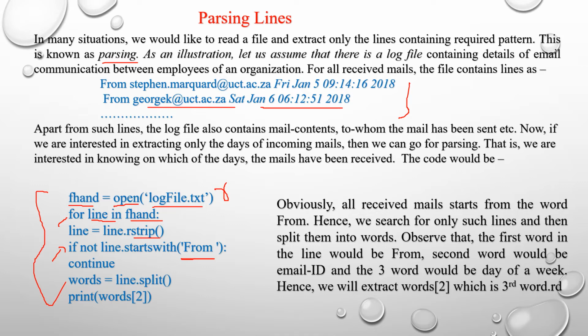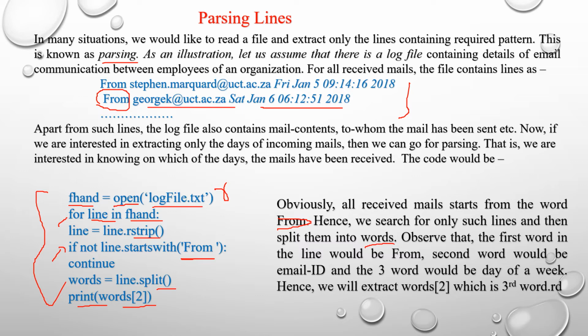The word is equal to line dot split. This is another built-in function, the split function. After that we print word 2. Obviously, all the received mails start with the word From. Hence, we search for only such lines and then split them into words.